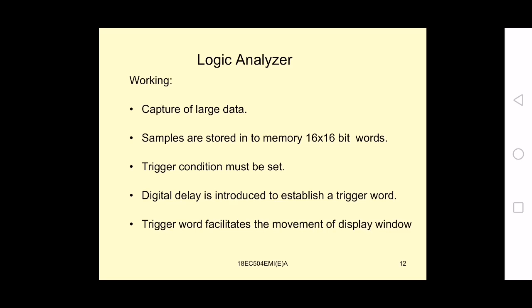For that we use a digital delay that is introduced to establish a trigger word, until the input signal matches your trigger word. This trigger word facilitates the movement of the display window. Whenever a match happens, the data goes to the display window.